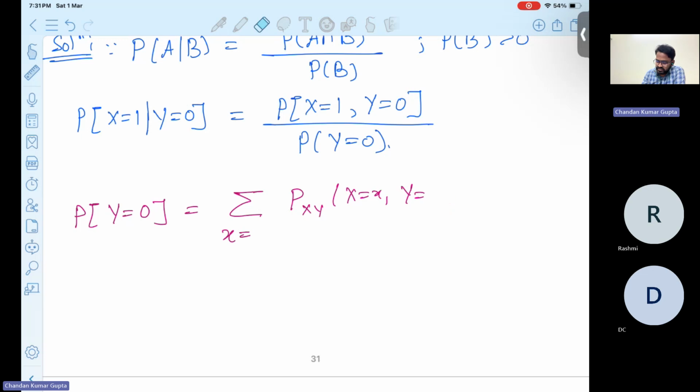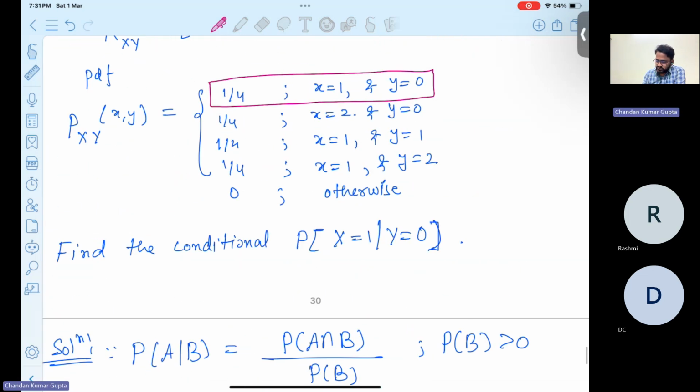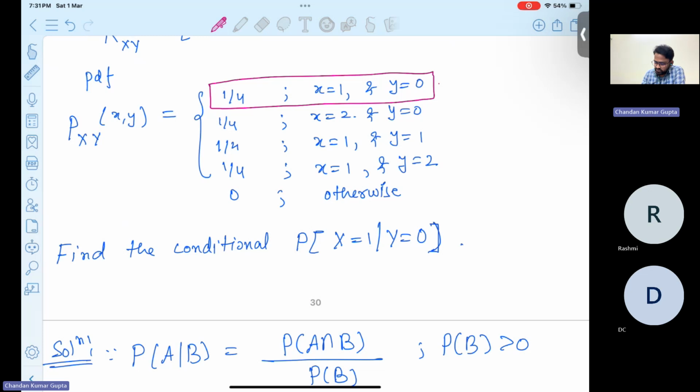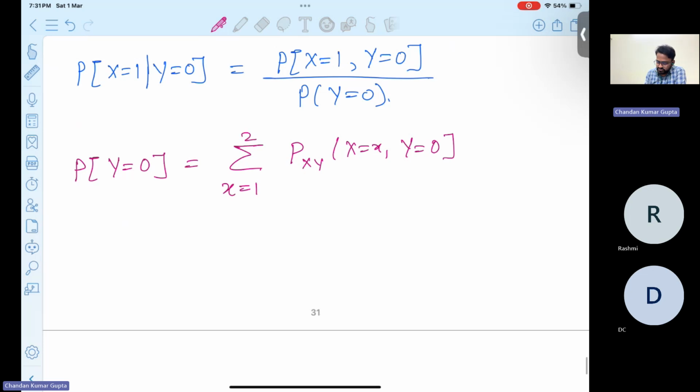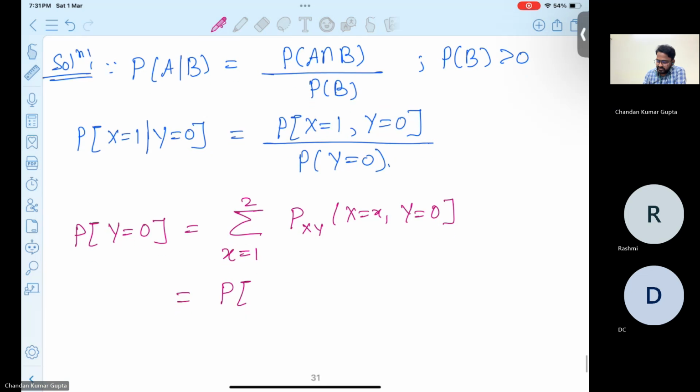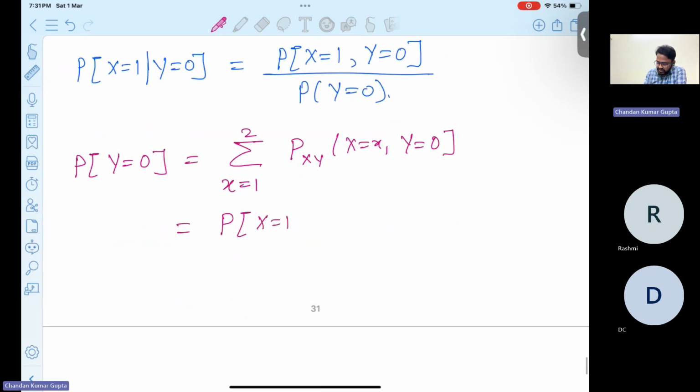So we can write here, because y equal to 0, we need to find only y equal to 0. For y equal to 0, we have x equal to 1 and 2. That means probability that x equal to 1, y equal to 0, plus probability that x equal to 2, y equal to 0.